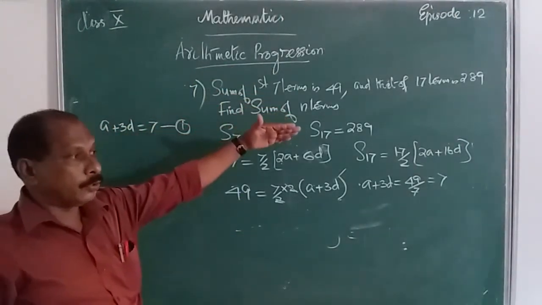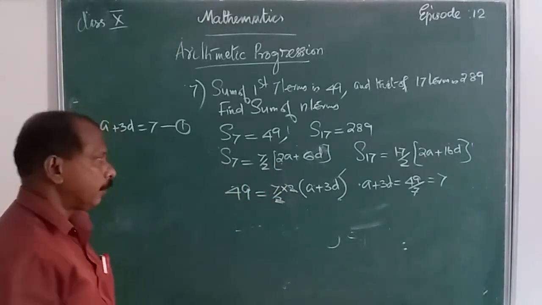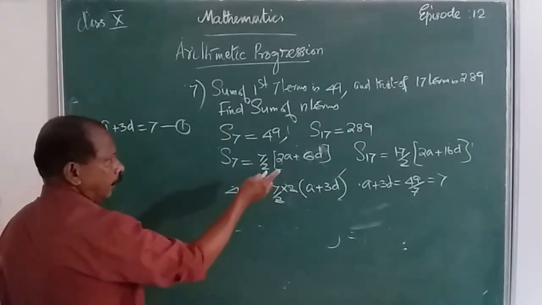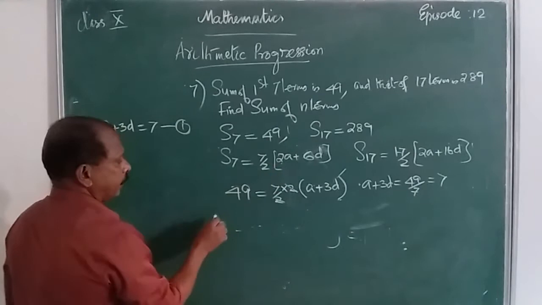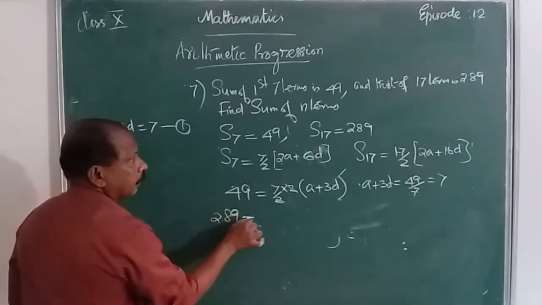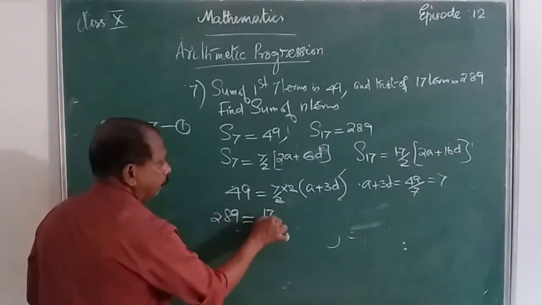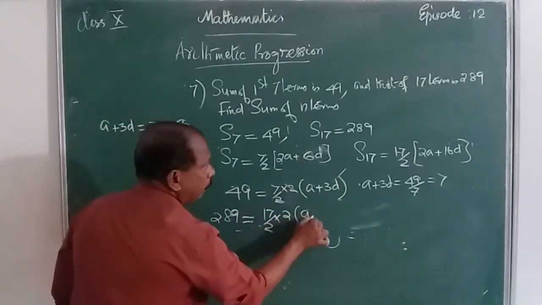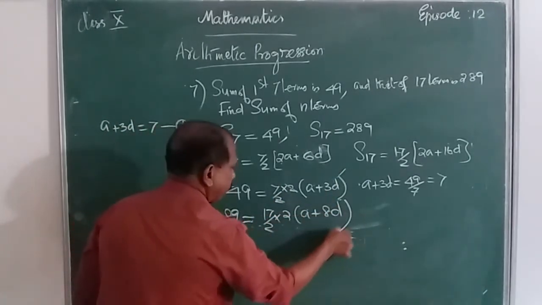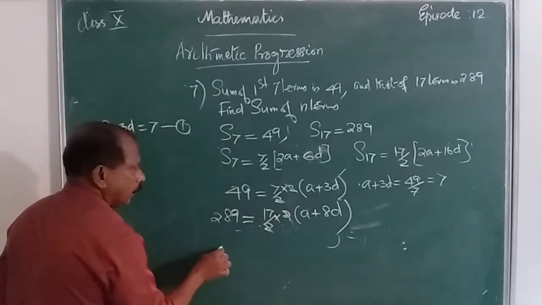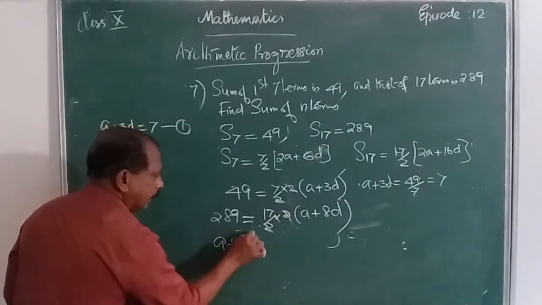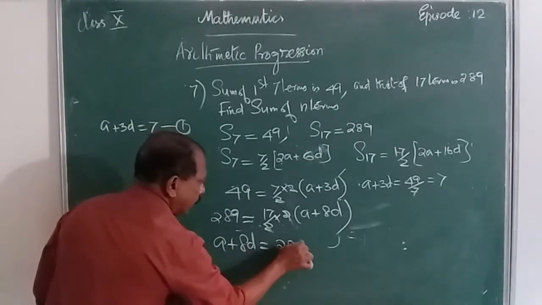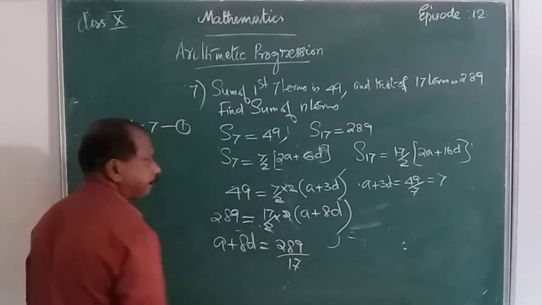Similarly, from the second equation, S17 is 289. 289 is equal to 17 by 2 into, we take the 2 as common, a plus 8d. 2 cancels. Therefore, a plus 8d is equal to 289 by 17.